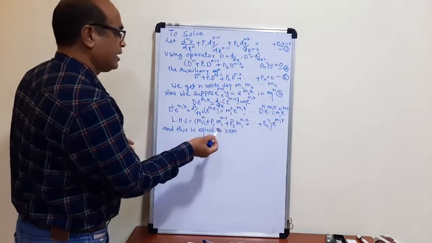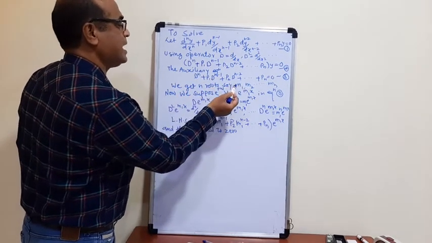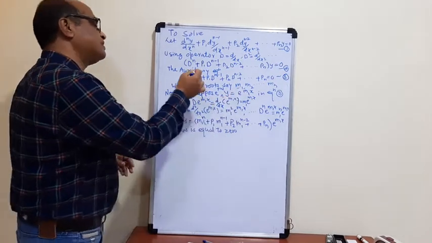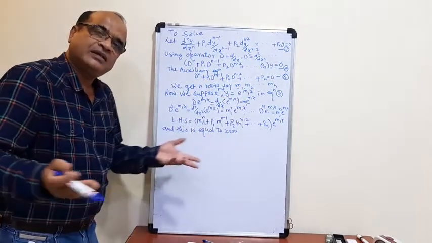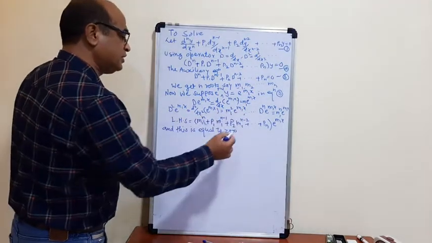So what is the root here? The roots of this equation are, say, m1, and m1 is a root of this equation. Then the equation is satisfied by m1, so this is equal to 0.